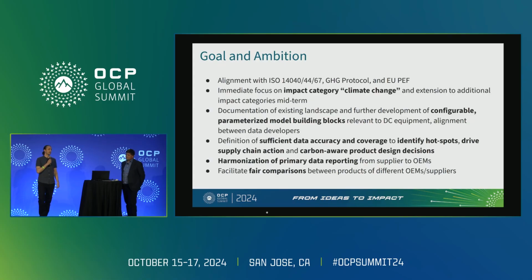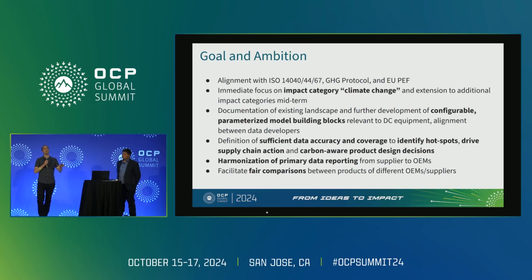So, from our phase 1 study we did previously on notebooks and desktop computers and previous experiences, we know that the immediate focus of the industry currently lies on the impact category of global warming potential, so carbon emissions. Nonetheless, we want to stress that life cycle assessments encompass many different impact categories far beyond carbon emissions.